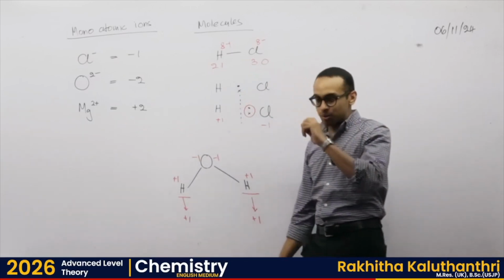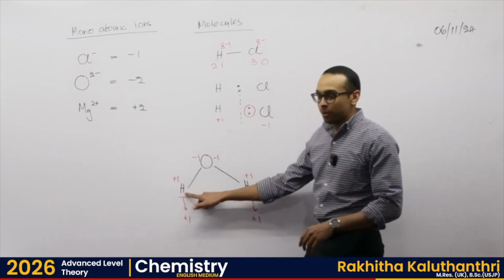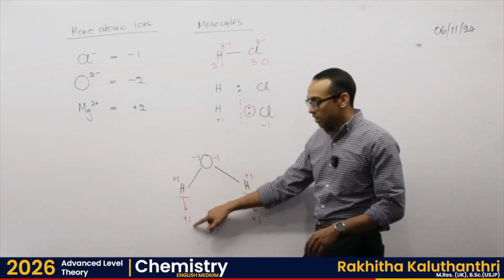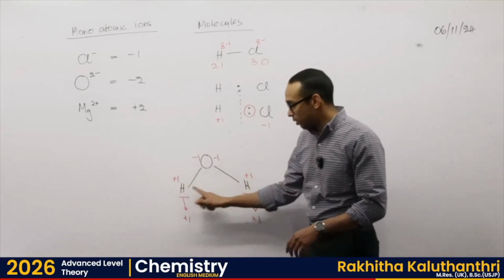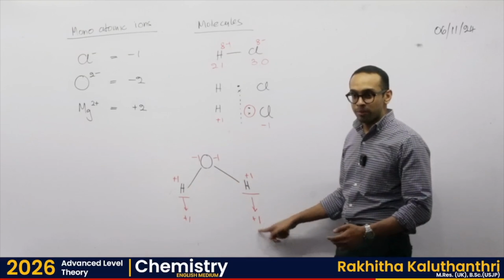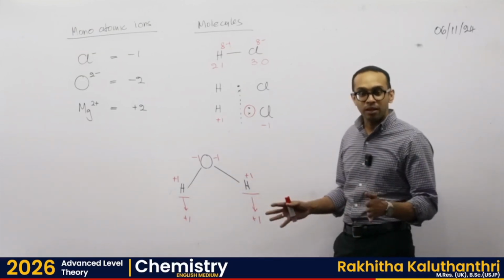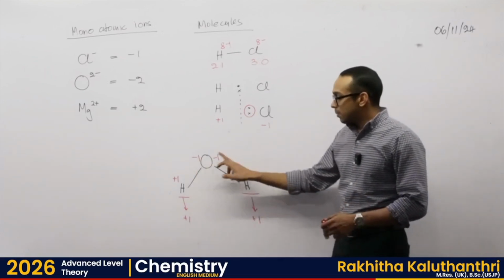But 99.9% of the time, whenever you are talking about the oxidation number of an atom, we talk about its charge, the individual atom's charge. You can see both hydrogens are +1. So if someone asks what is the oxidation number of hydrogen in water, you say +1, not +2. What about oxygen?